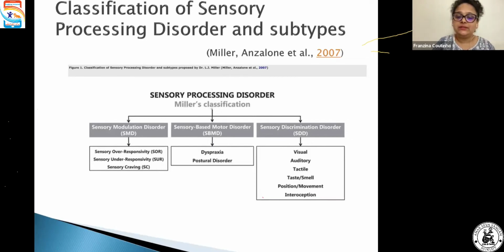Then you have a sensory based motor disorder, that is like dyspraxia or postural disorder. And then you have a sensory discrimination disorder, like the child can't discriminate between pain or what's being said or smells or understand interoceptive sense. So this is what was created by Miller in 2007.